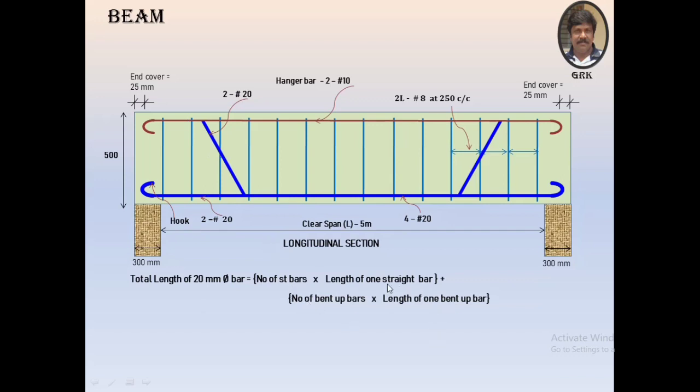In the earlier slide we calculated the lengths of the straight and the bent up bars: 5.91 meters is the length of the straight bar, and the length of the bent up bar is 6.31. Totally we get 24.44 meters.